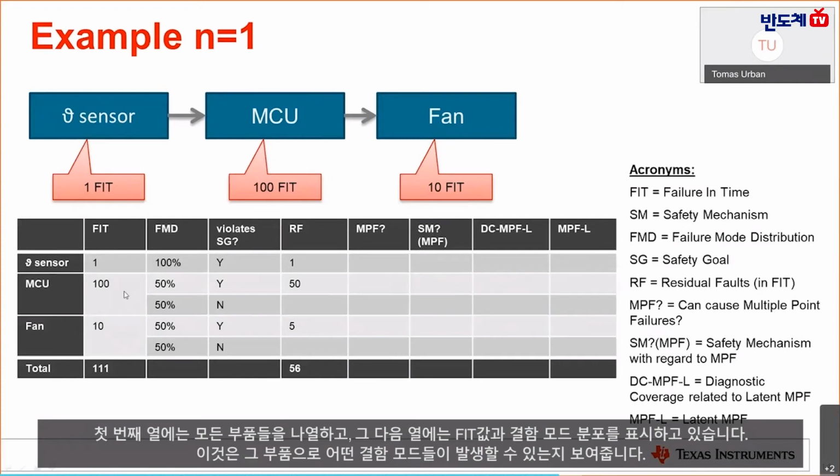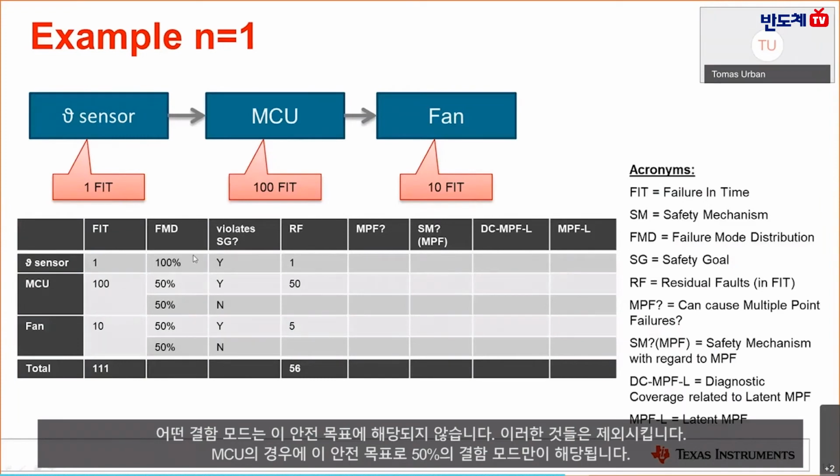In another column, we list the FIT rates and the failure mode distribution. This is basically what kind of failure modes can happen with that component. So if there are some failure modes that are not relevant to our safety goal, we may exclude them.